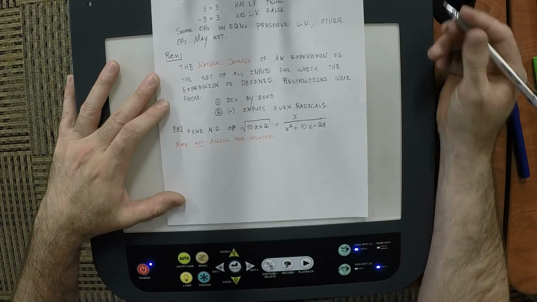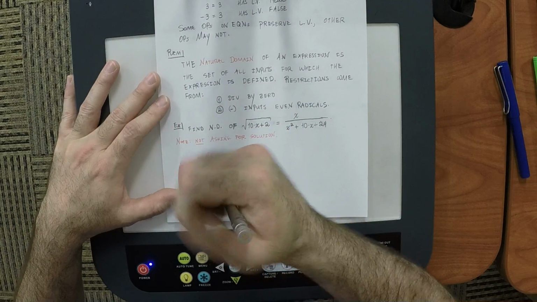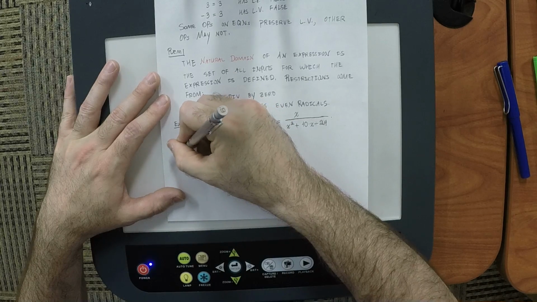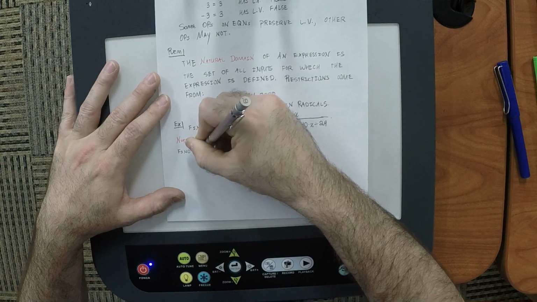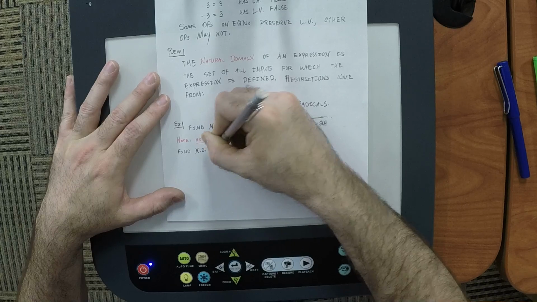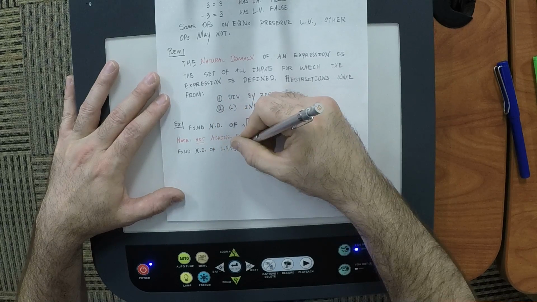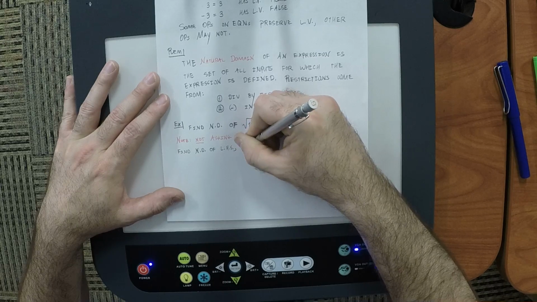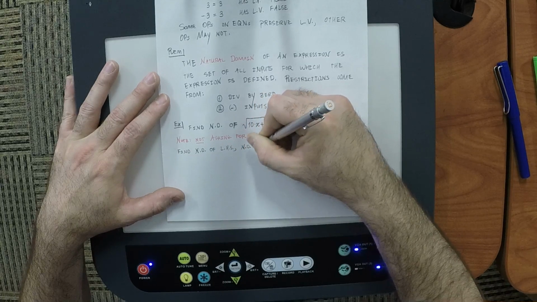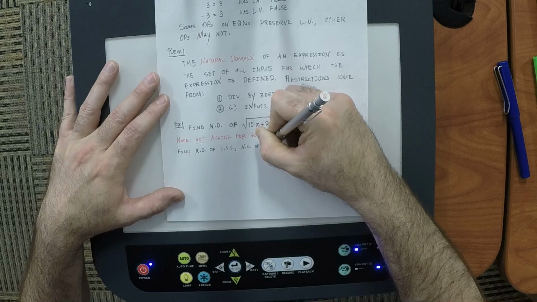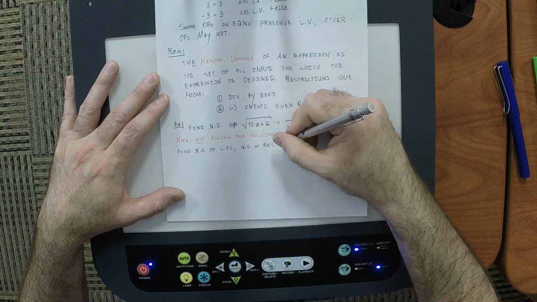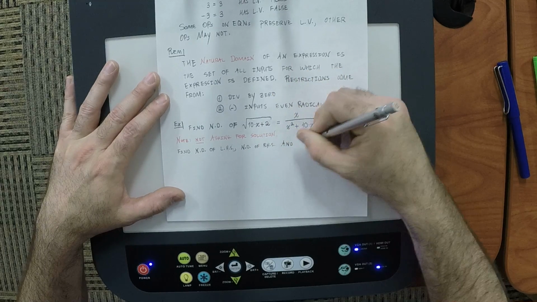Okay. So what we're going to do is find the natural domain of the left-hand side, the natural domain of the right-hand side, and then we're going to intersect.